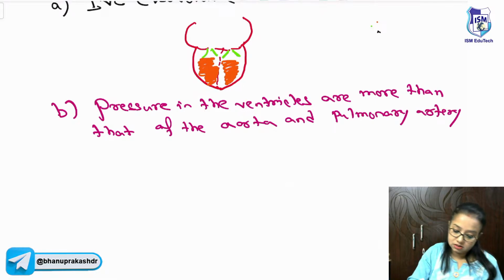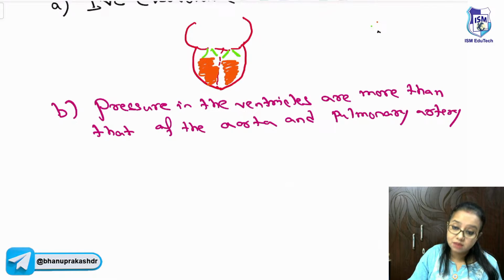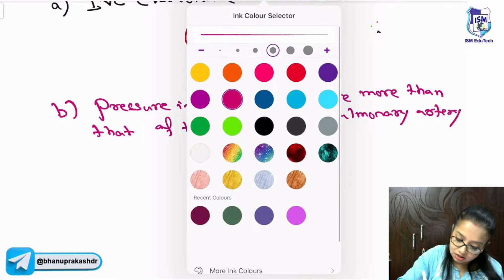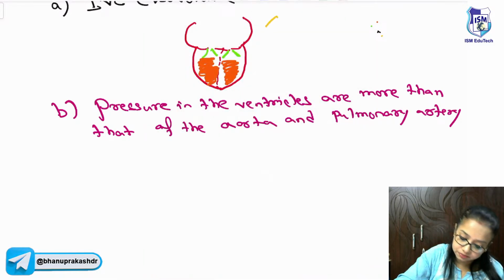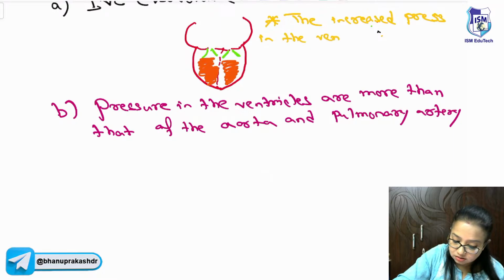So gradually the pressure increases. It becomes more than the aorta and the artery. And before that, in the meantime, the increased pressure in the ventricles closes the AV valve.